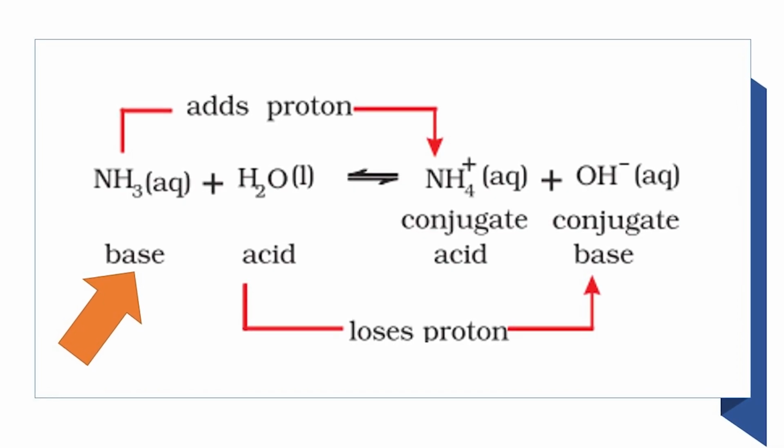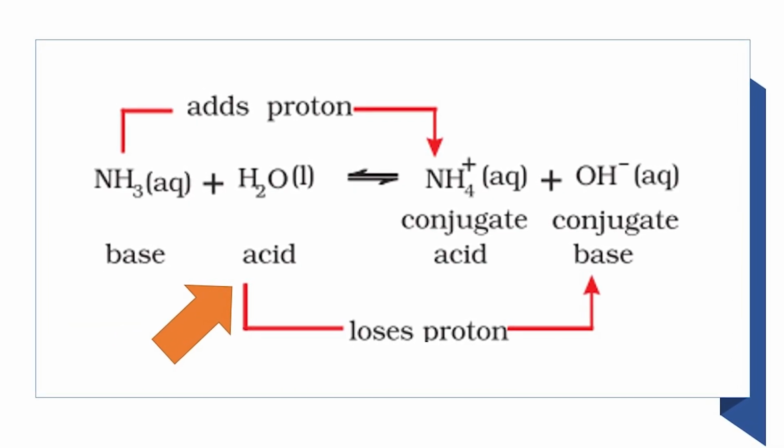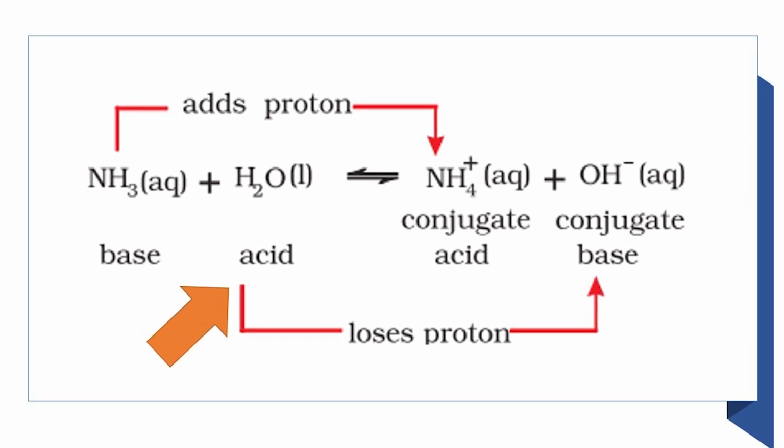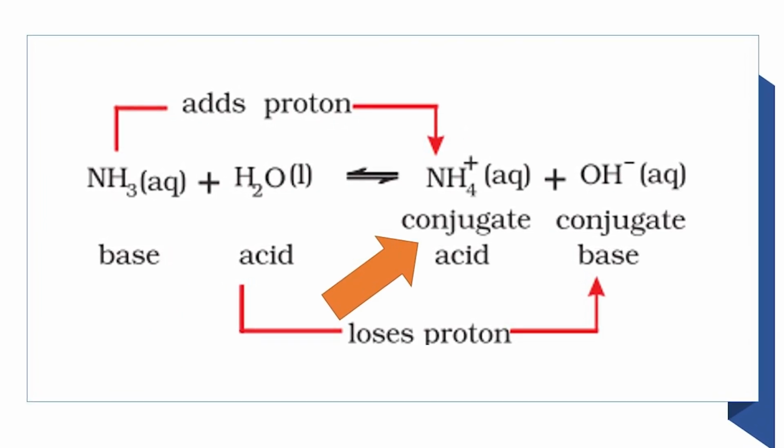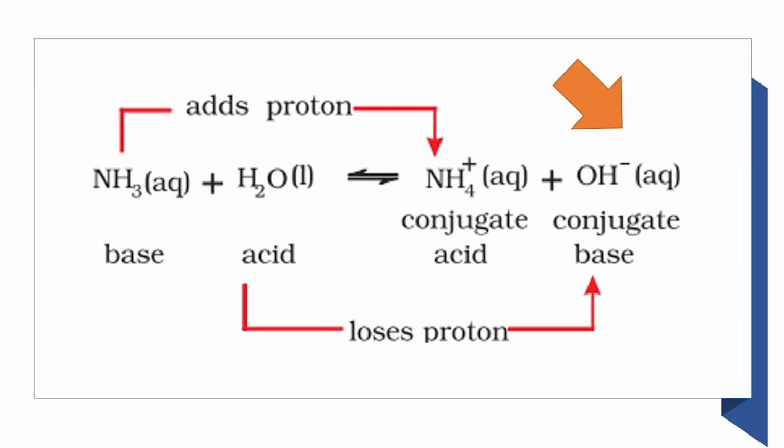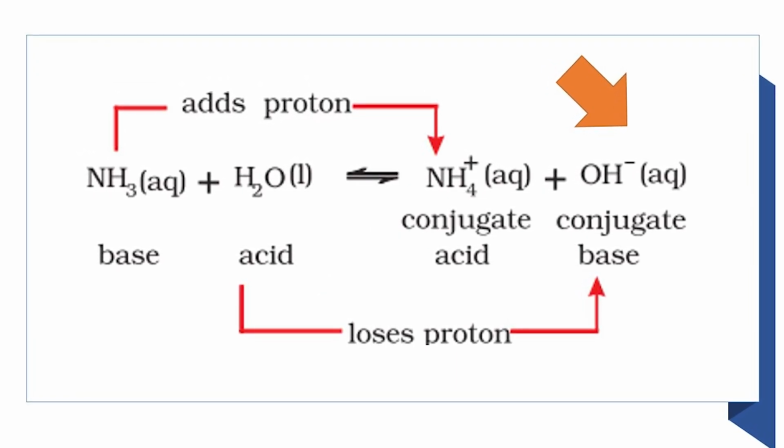Here in the slide, it is marked as NH3 as base, H2O as acid. On the product side, you can see NH4 plus as conjugate acid and OH minus as conjugate base. So from the equation, it is very clear that NH3 acts as a base. How can it act as a base?